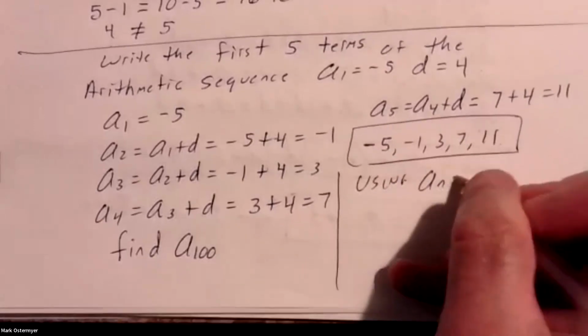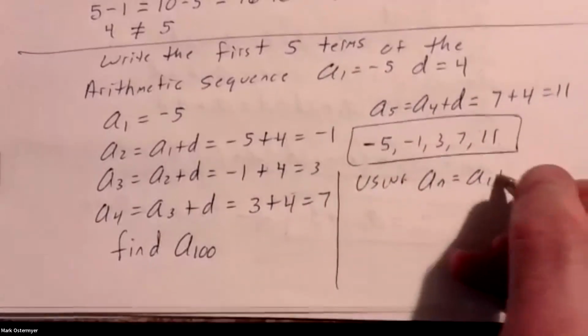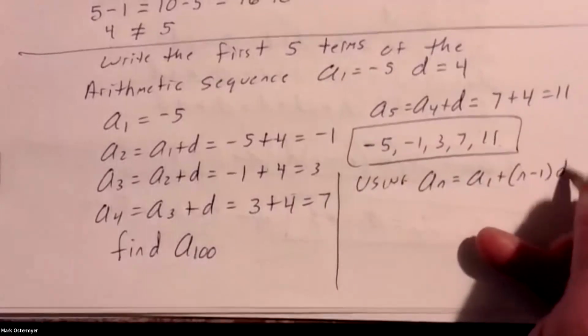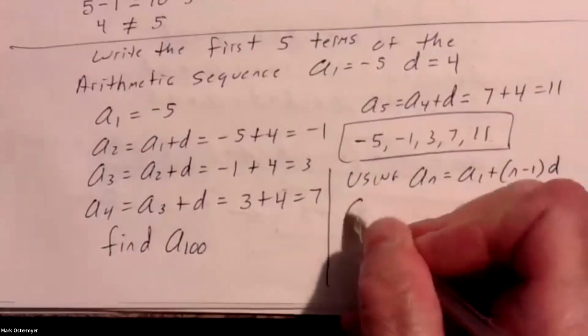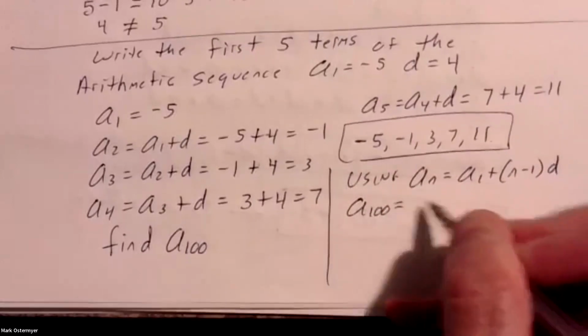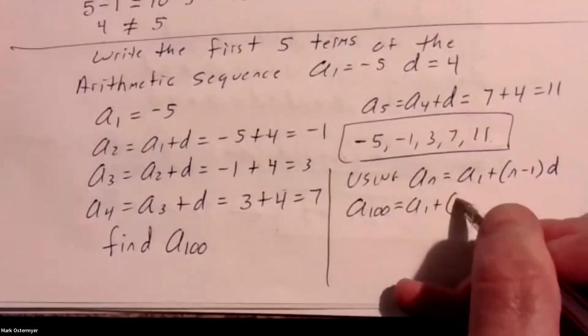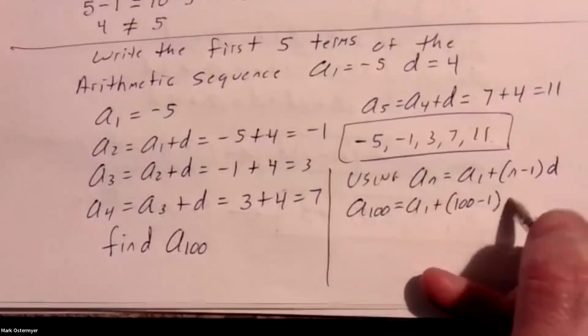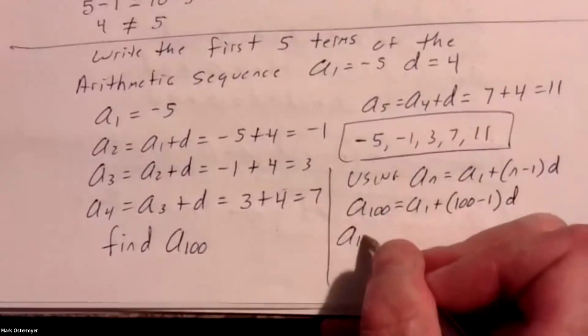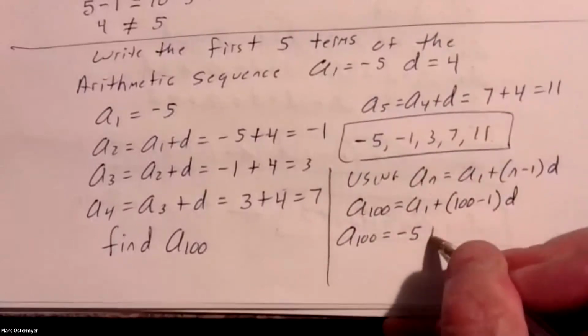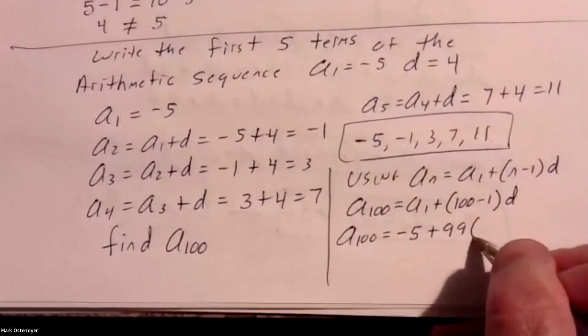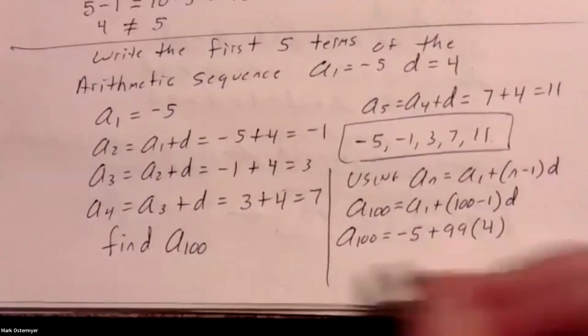So using our nth rule, which is to say it's the first term plus n minus 1 times your common difference, we can easily find the 100th term by letting n be 100 in this rule. So the 100th term is going to be the first term plus 100 minus 1 times your common difference. Your 100th term is going to be your first term, which is -5, plus 99 times your common difference, which is 4.